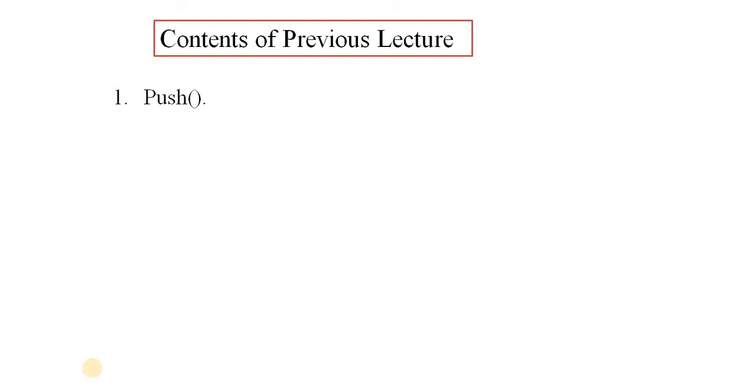The next point we learned in the previous lecture is the unshift method. Unshift method adds one or more elements in the beginning of an array. Push method adds one or more elements at the end of an array, but in unshift method one or more elements are added in the beginning of an array.